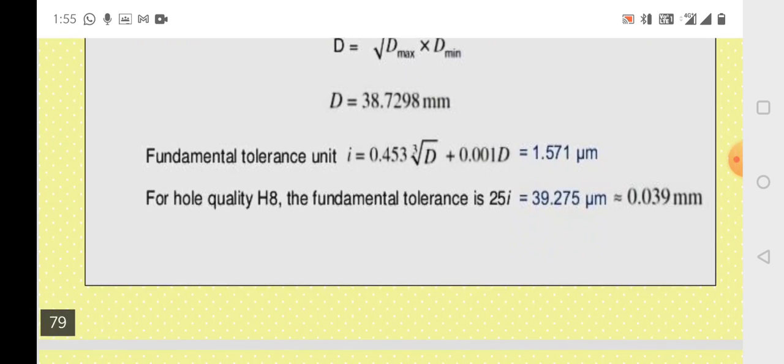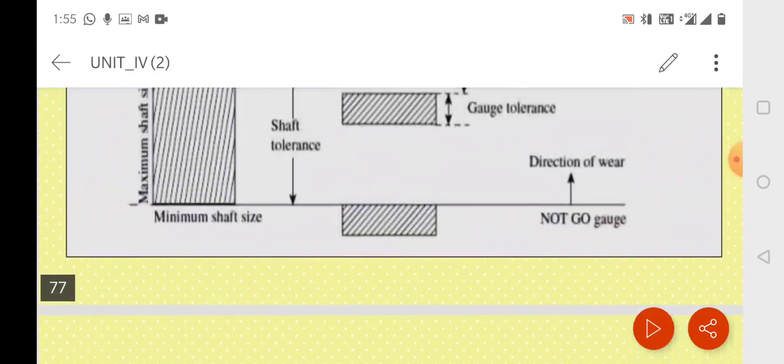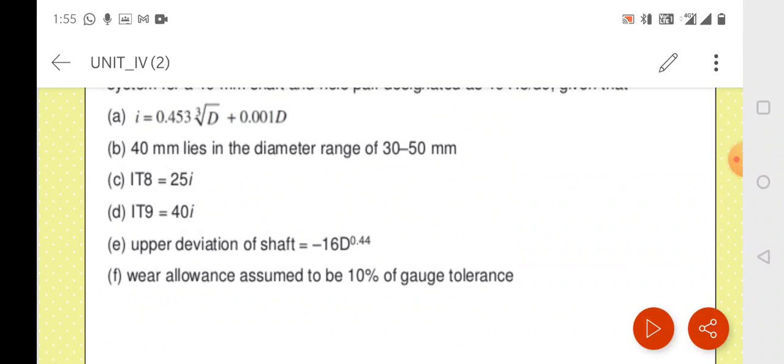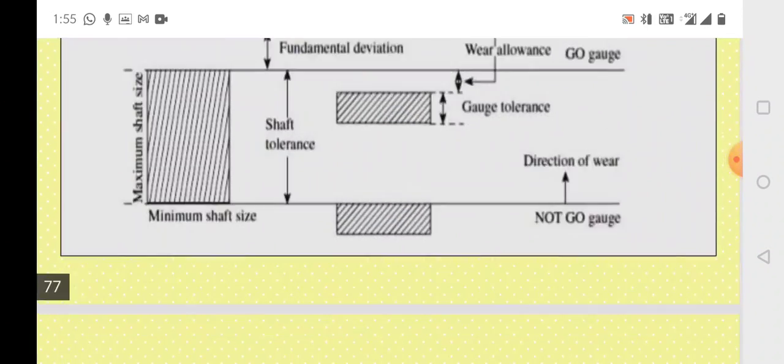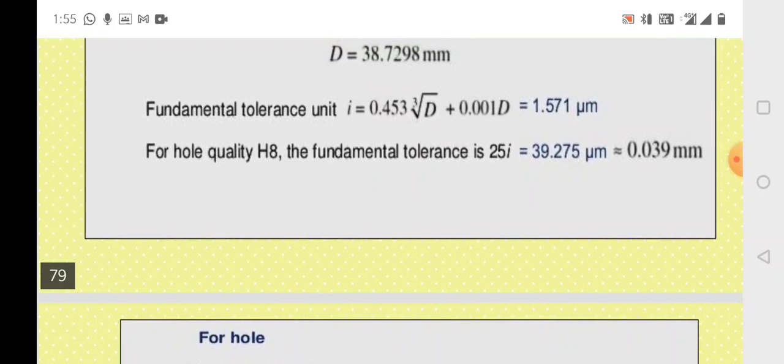And for hole quality H8, the fundamental tolerance is 25i. Here we have seen in the problem itself it is given, it is 25i. So with the help of this, if we put the value of i here, we can get 0.039 mm. So this is the tolerance, 0.039 mm for the hole.